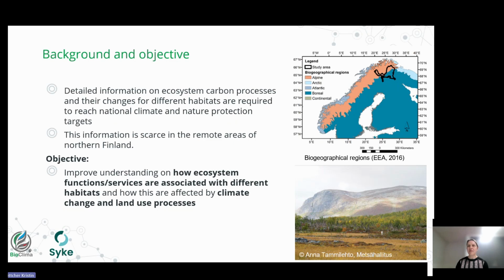You can see here in the upper right figure our study area that is located partly in the alpine and boreal biogeographical region. So our objective in this case study is to improve understanding of how ecosystem functions and also services are associated with different habitats and how these are then affected by climate change and land use processes.